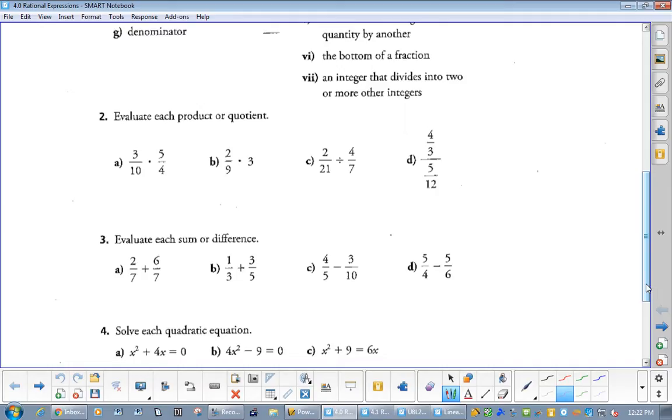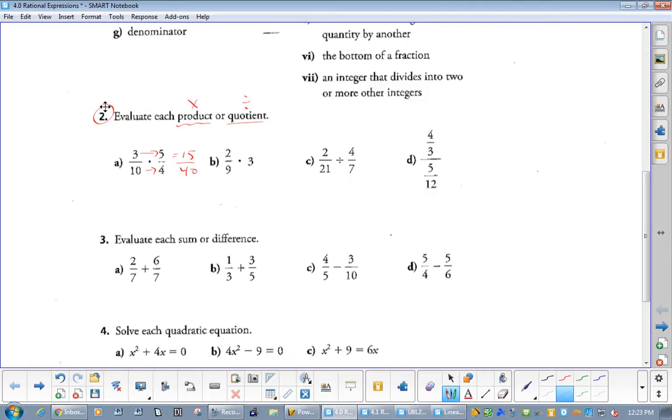So number 2, it says evaluate each product or quotient. When you multiply, that's a product. When you divide, that's a quotient. And nothing is sweeter than multiplication because you just multiply across and you get your answer.